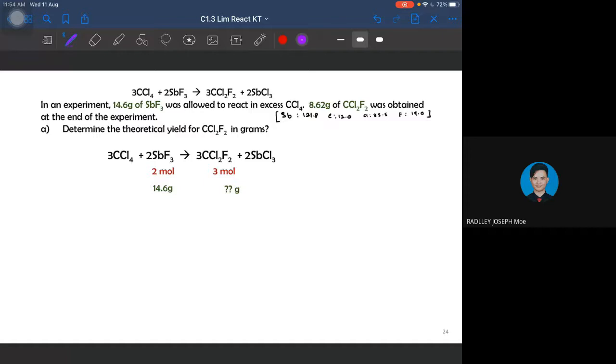Okay, so first you need to find the mole of the limiting reactant.